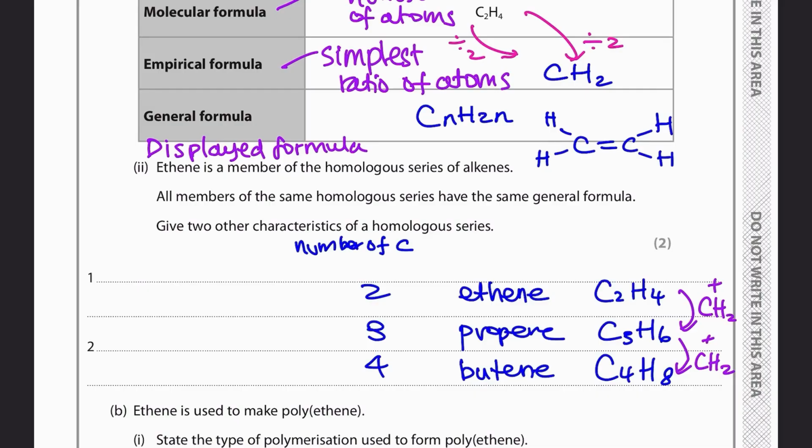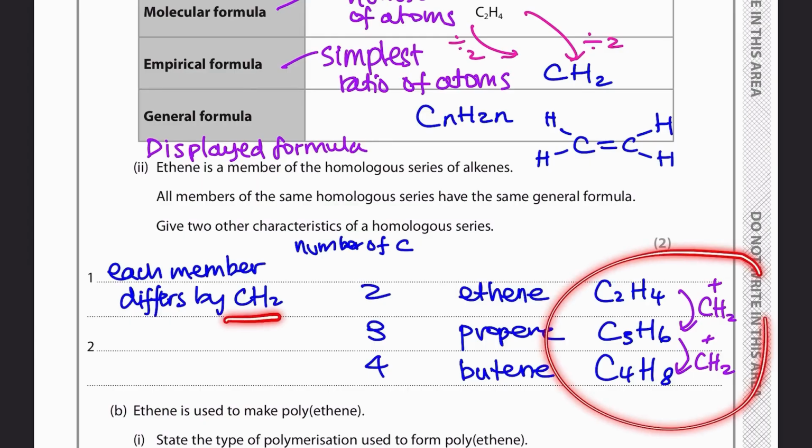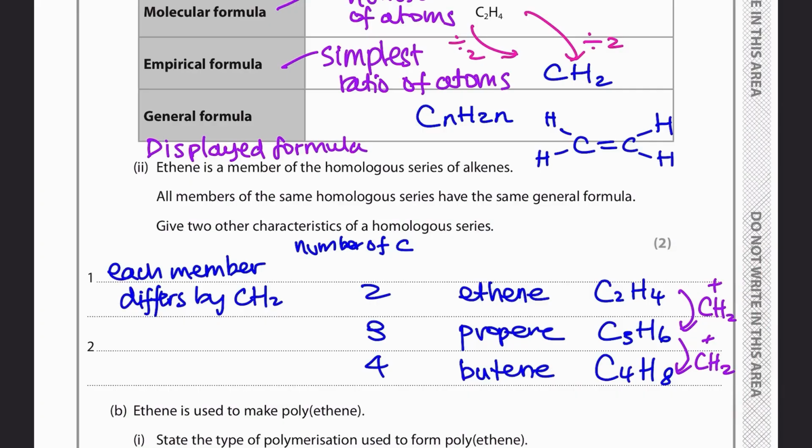This is a series, which means that it's a pattern. So each member of the homologous series differs by CH2. Now, you don't need to draw it out next time. You just have to memorize it. But I've drawn it to really convince you that they differ by CH2.